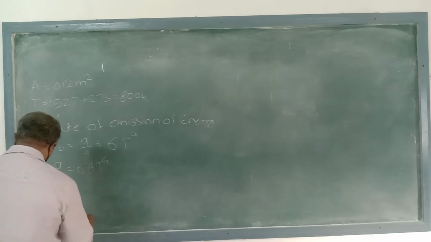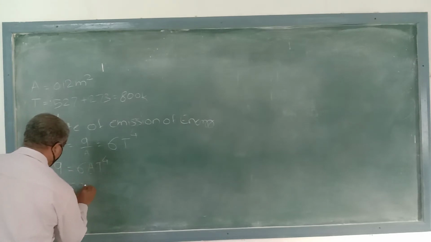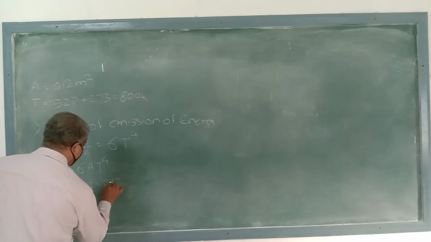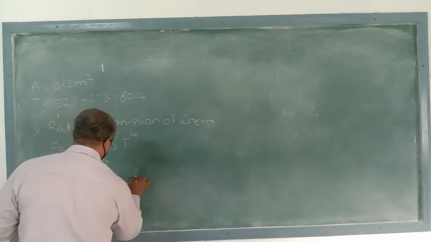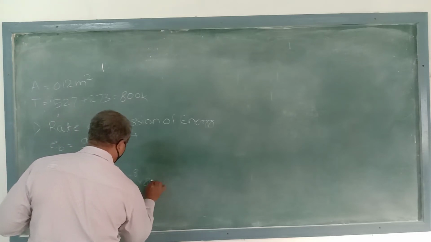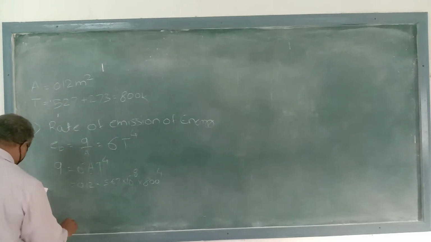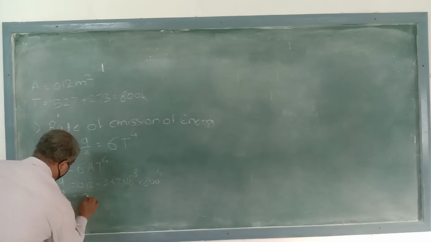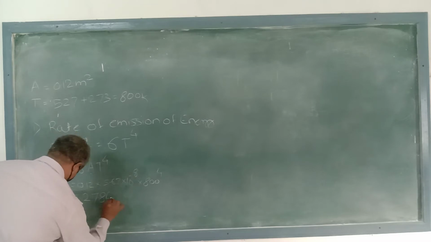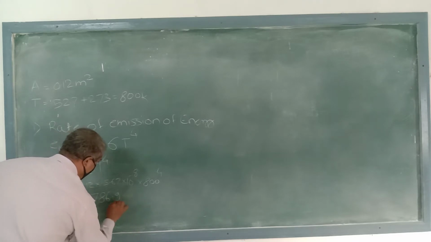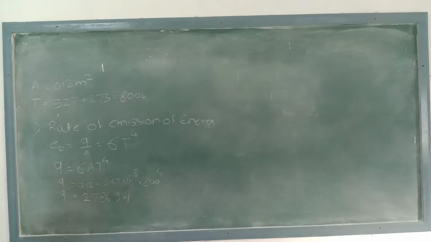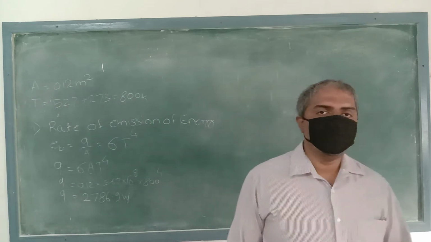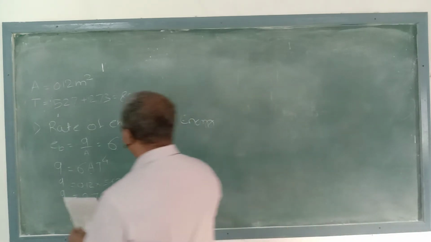So we are going to substitute those values: 0.12 into 5.67 into 10 raised to minus 8 into 8,000 raised to 4. So we got our first answer, 2786.9 watt.